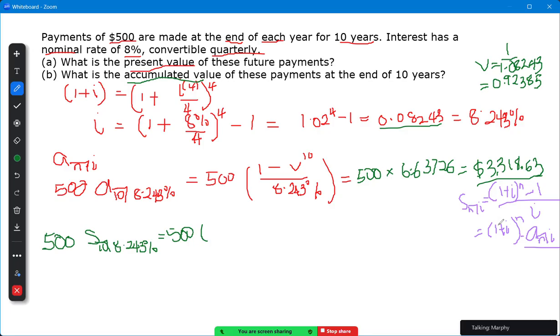So 1 plus this value is going to be 1.0824, and that's going to be raised to the power of n, which is 10. And then the present value factor of annuity immediate. And of course, you can see that the value is this.